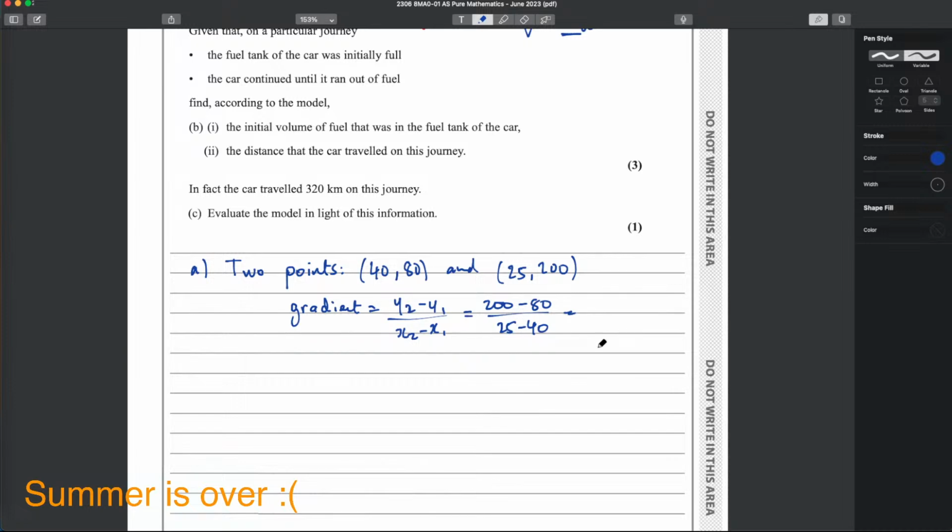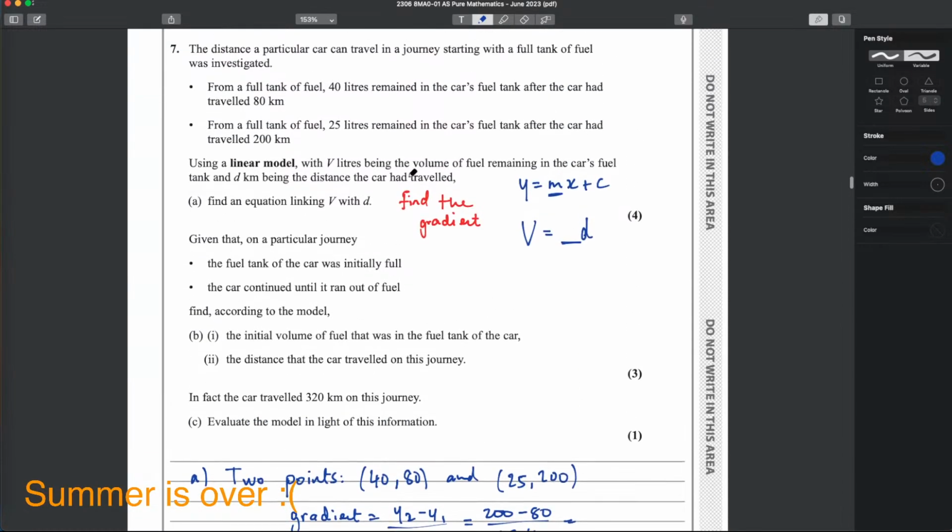And it will be a negative, right? Because it's decreasing as... wait, why is it a negative gradient? So as the distance increases... oh yeah, the volume remaining in the tank decreases.